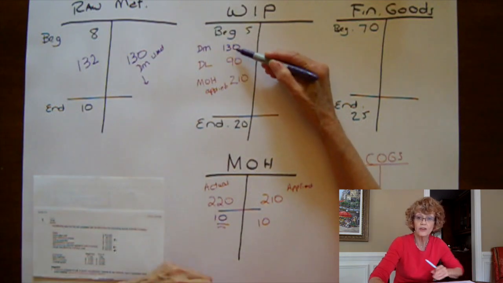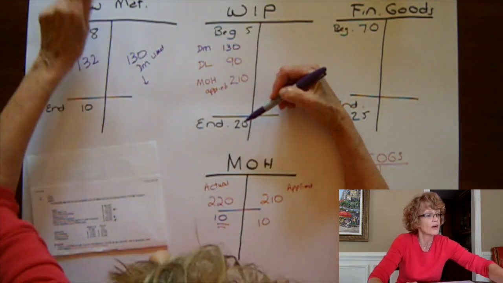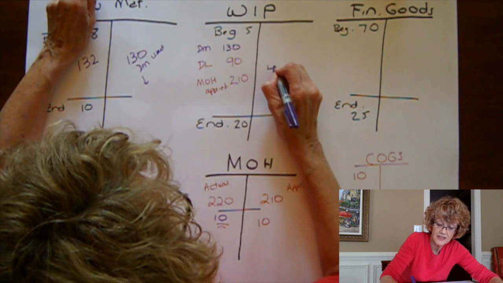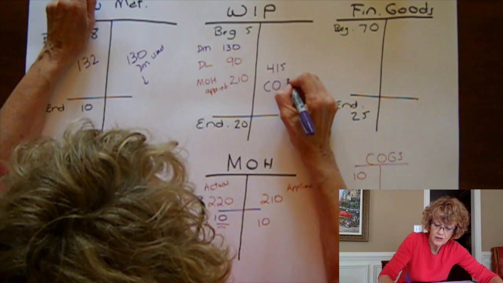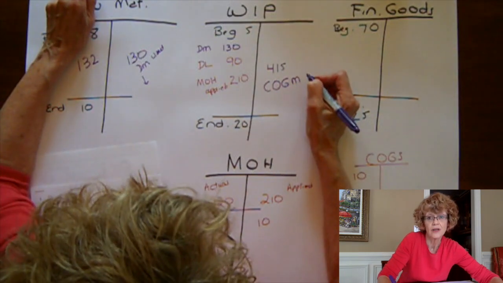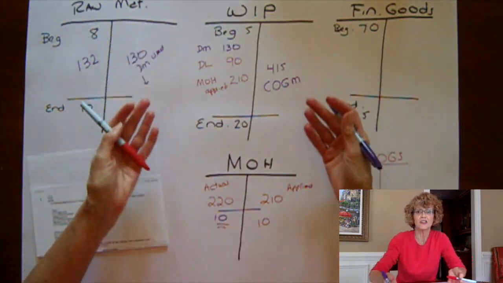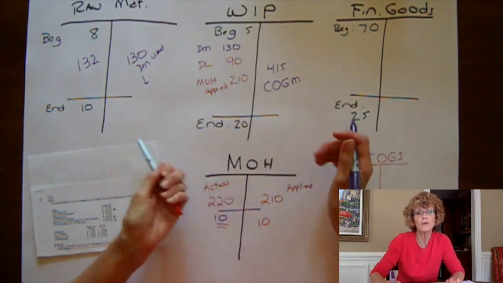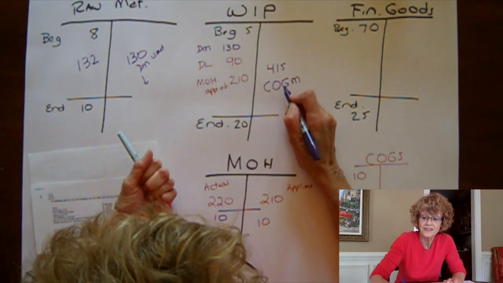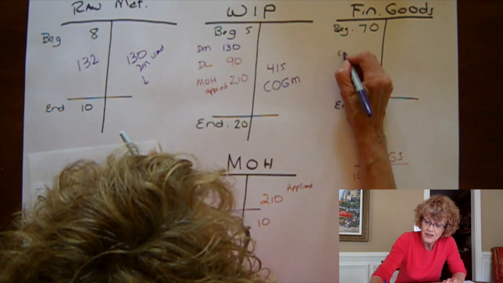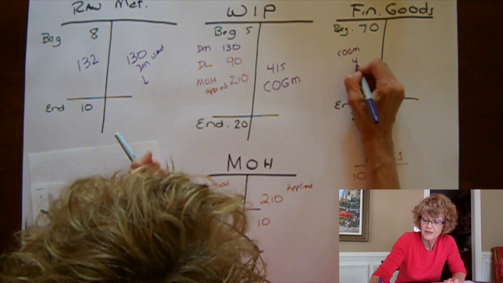So if we take all these debits and subtract the ending balance, then we've got a work in process of 415, and we call that cost of goods manufactured because they're completed and we're ready to move them into finished goods, just like the physical boxes or whatever they are being moved down the hall to the finished goods warehouse. So I'm going to credit work in process and debit finished goods, and I'll just put a little note that that's coming from the cost of goods manufactured of 415.